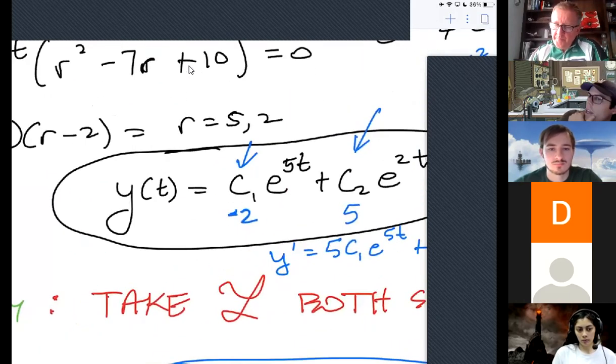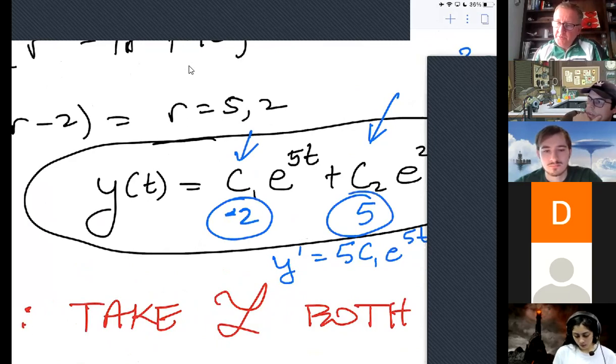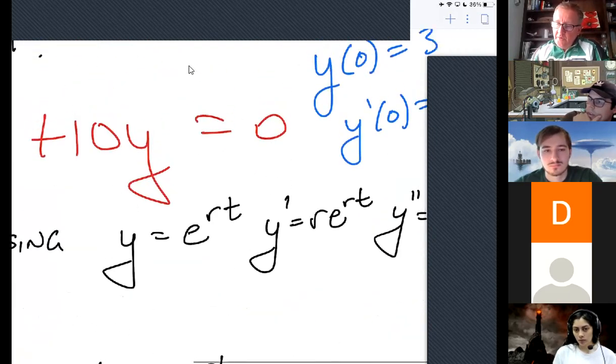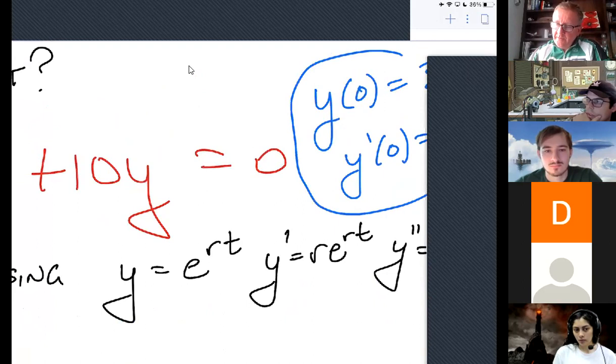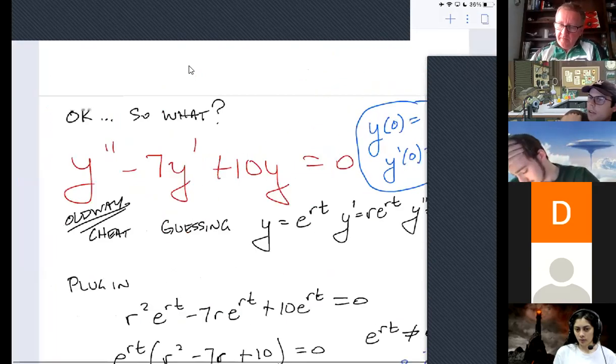That produced C1 and C2 being -2 and 5. All I did was play with those initial conditions until it gave me good values for C1 and C2, but then I skipped all that and just copied it down there. So no, we have no idea right now that the answer is e to the something. For all we know, it's still sine or cosine, we have no idea. There's no guessing involved. That's what's so powerful about this.